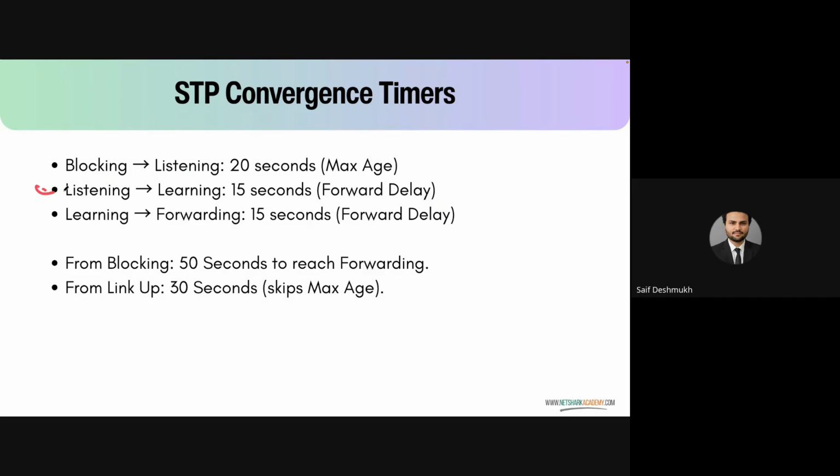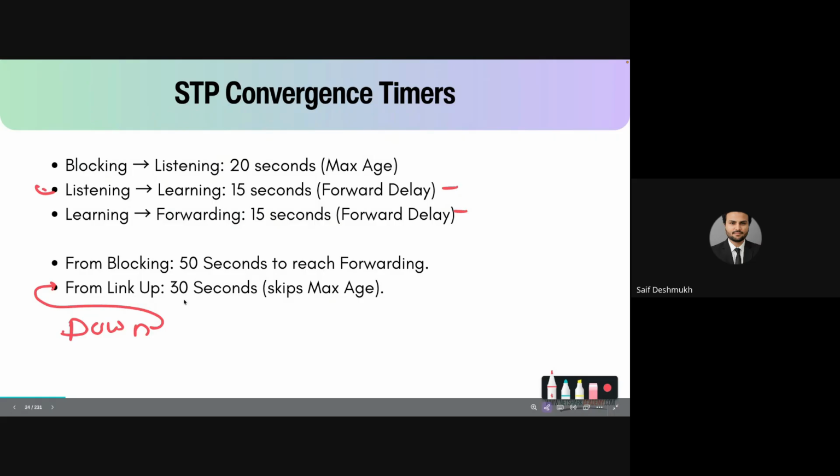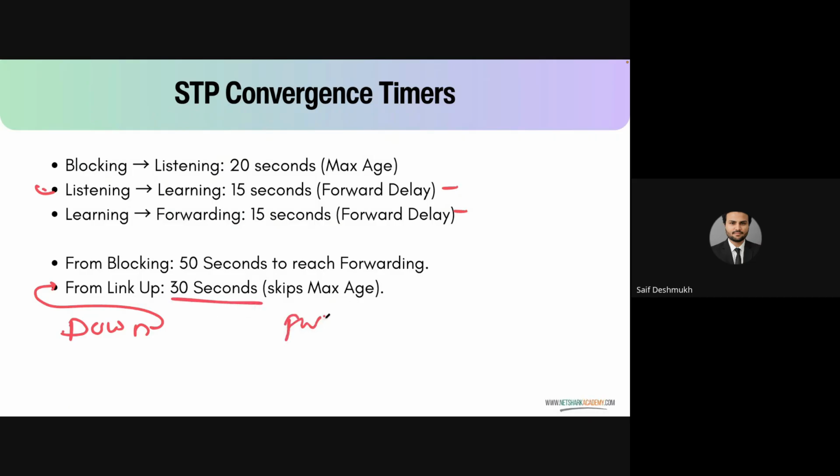In these states, the BPDU frames are exchanged. If the interface is in the down or discarding state, which is the same thing, it will move to listening and learning. Forward delay is 15 seconds, so it takes roughly 30 seconds until the interface is fully functional to send traffic, that is, to forwarding.